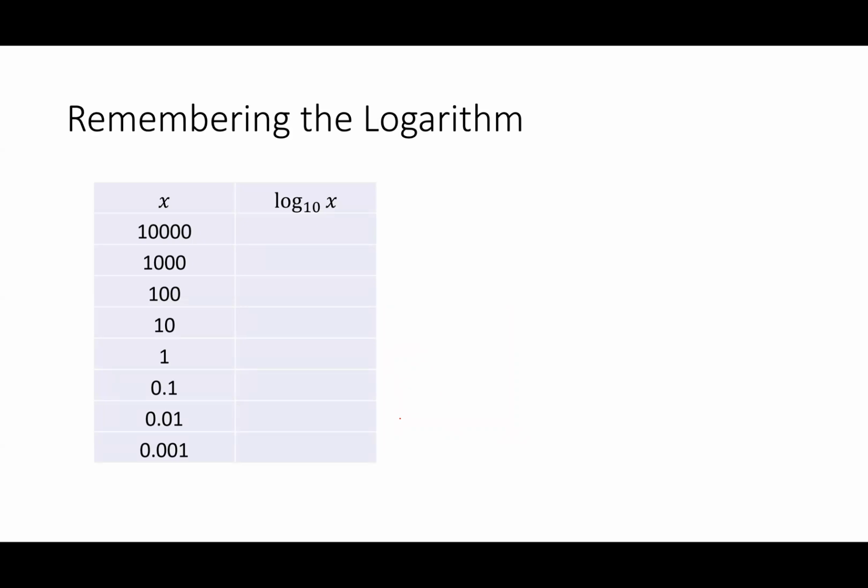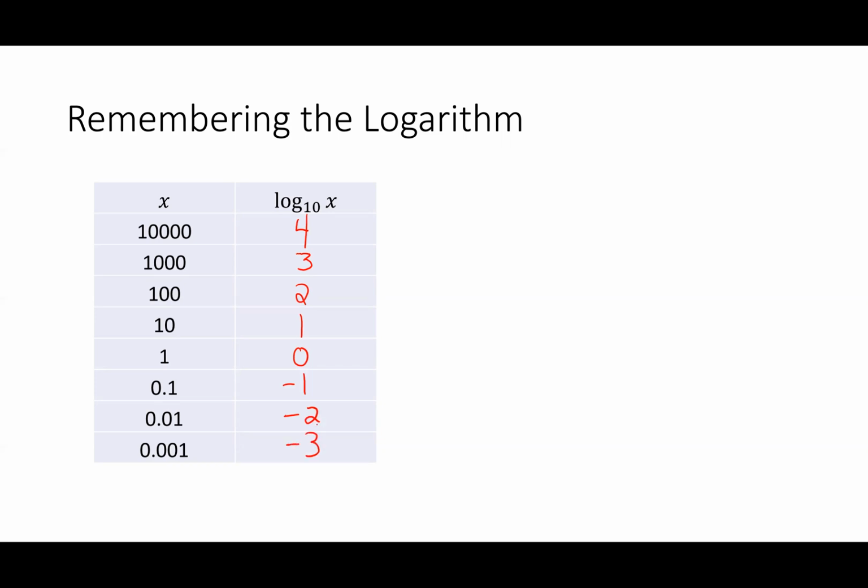Okay, what's the log? So we're going to start to remember logs here. What's the log of 10,000, or 10 to the fourth? 4. What's the log of 1,000? 3, 2, 1, 0, -1, -2, -3.